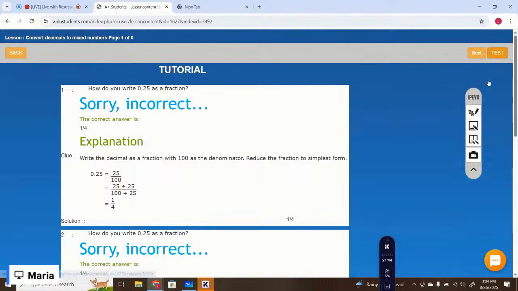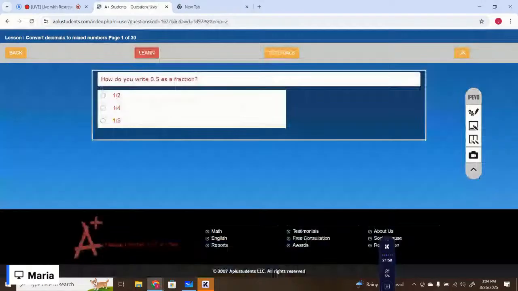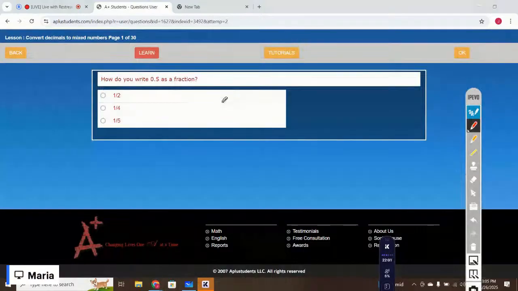Let's just start with the test question. How do you write 0.5 as a fraction? The first thing is you need to remove the decimal point. We have only one digit after the decimal, so the denominator must be 10. That is 5 divided by 10. So divide by 5. 5 divided by 5 is 1 and 10 divided by 5 is 2.